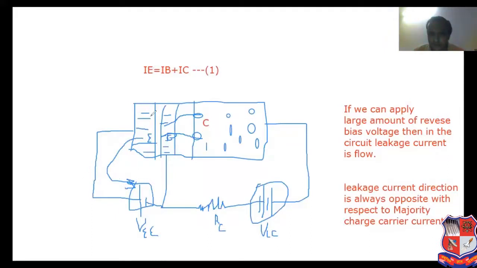So the depletion region width is increased. If the depletion region width is increased, current cannot flow. So it can be considered as an open circuit. See here very carefully.